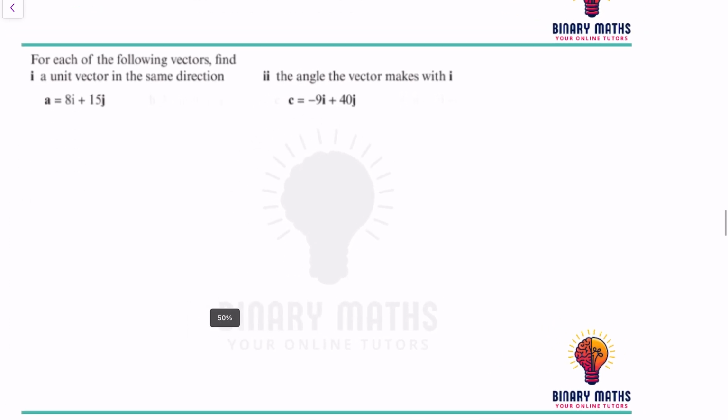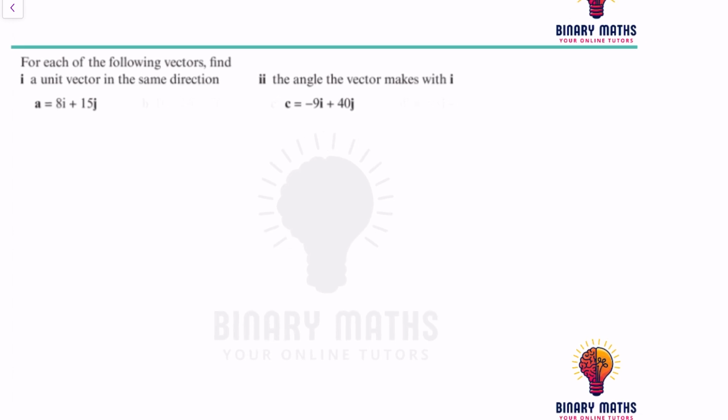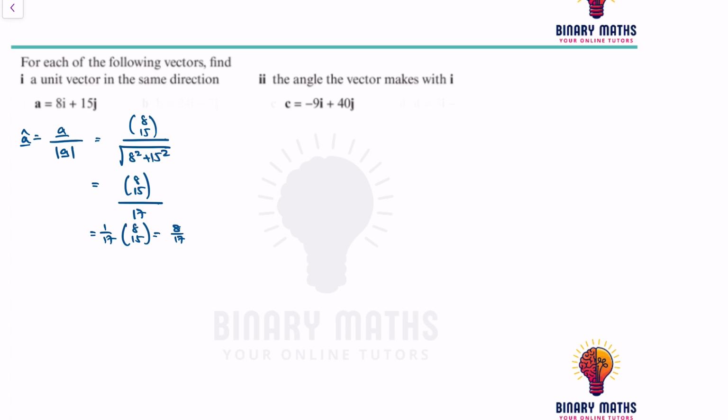For each of the following vectors, find a unit vector in the same direction and the angle the vector makes with I. So a unit vector in the same direction, so if this A is equal to this, then A hat will be equal to A over the magnitude of A, which is equal to (8, 15) divided by square root of 8 squared plus 15 squared, which turns out to be (8, 15) over 17, which is 1 over 17 times (8, 15), which is equal to 8 over 17 i plus 15 over 17 j.